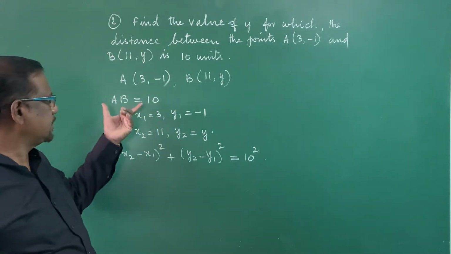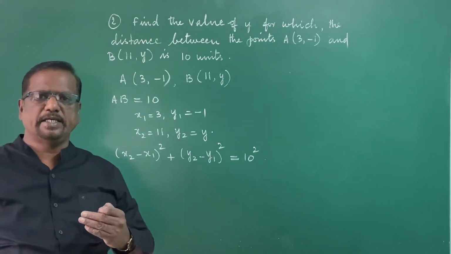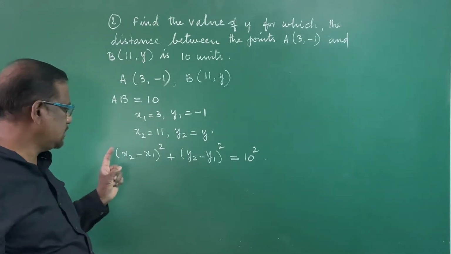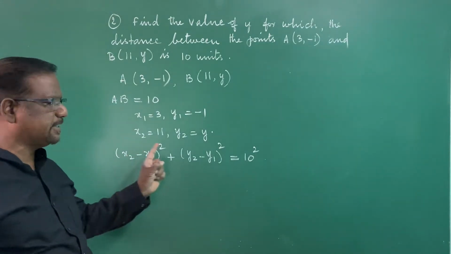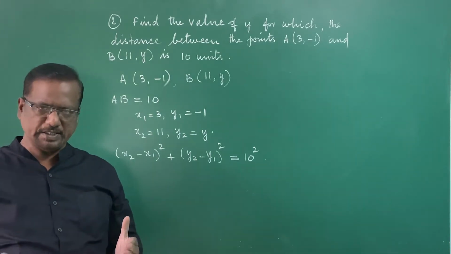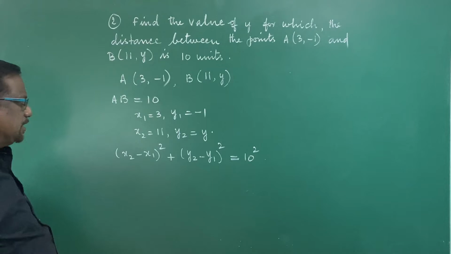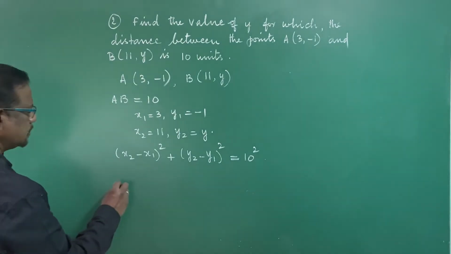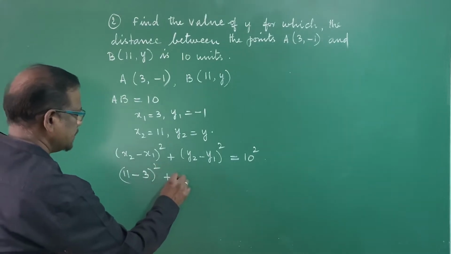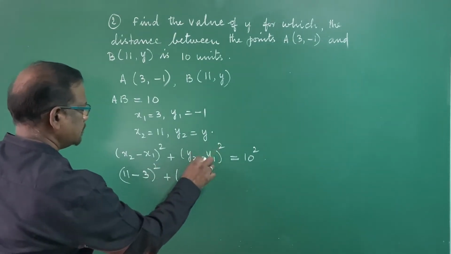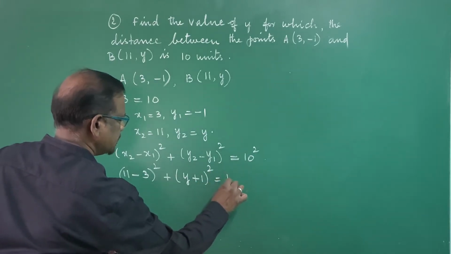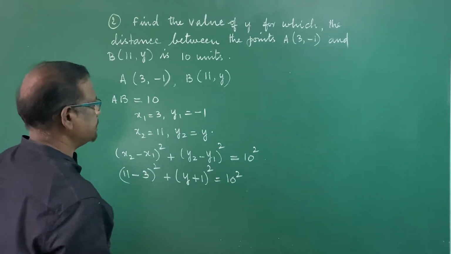Since the distance between A and B has been given as 10 units, and as we are not writing the square root symbol, we square on both the sides. Let us substitute the values here. So it is 11 minus 3 whole square plus y minus of minus 1, it is a plus 1 whole square, is equal to 10 square.